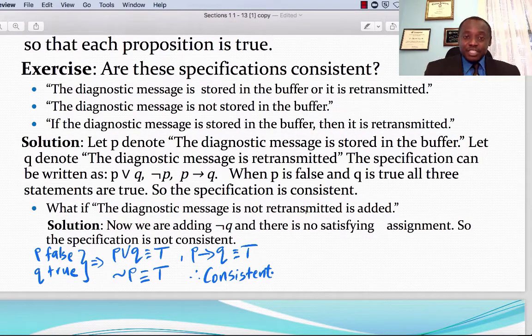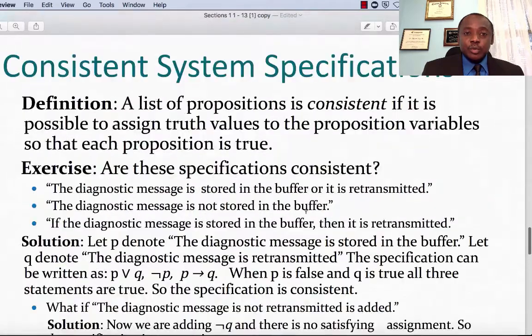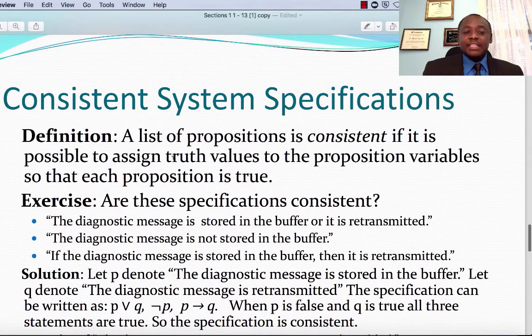Again, for the system to be consistent, I should be able to assign truth values to the proposition variables so that each proposition is true. It's like they are simultaneously true if I assign those particular truth values to the proposition variables.